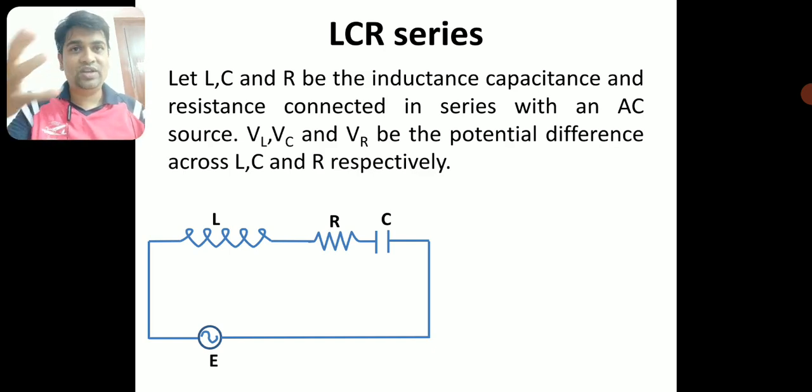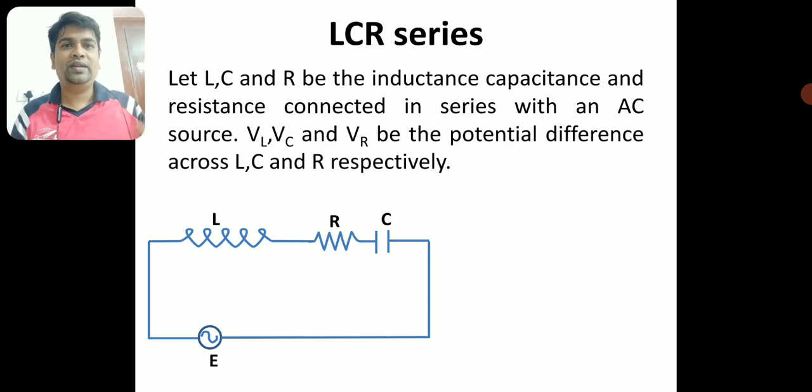Now we have 3 components: inductor L, capacitor C, and resistor R connected in series with an AC source. Let us take VL, VC, and VR be the potential across this inductor, capacitor, and resistor respectively.